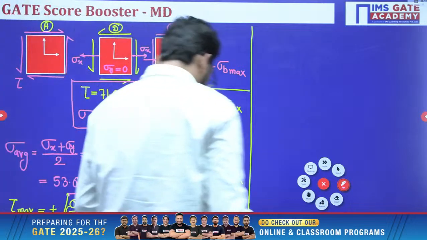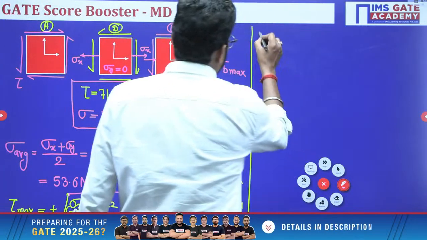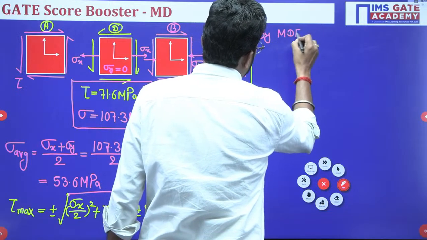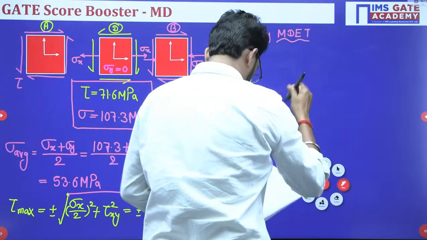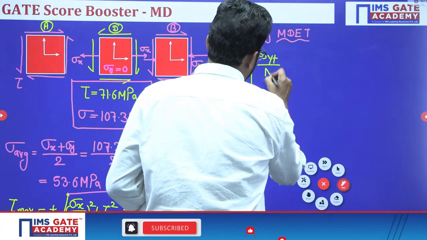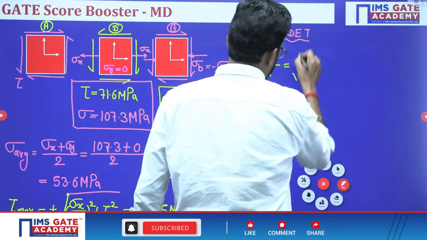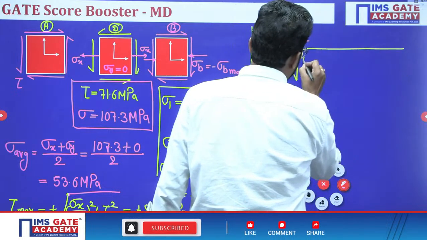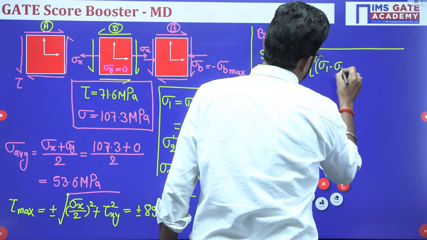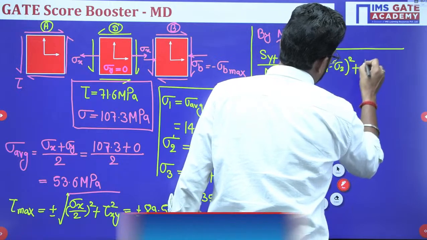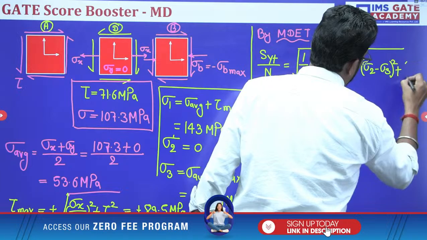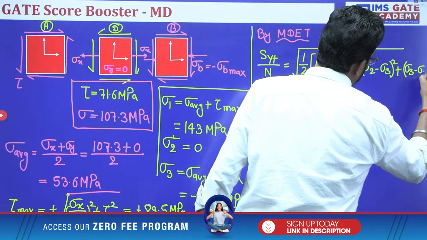So by MDET, maximum distortion energy theory, we know that SYT by N is equal to the square root of half of sigma 1 minus sigma 2 whole square plus sigma 2 minus sigma 3 whole square plus sigma 3 minus sigma 1 whole square.